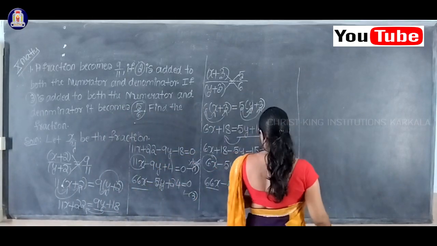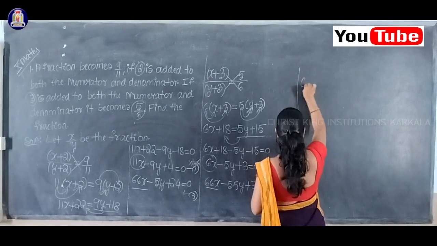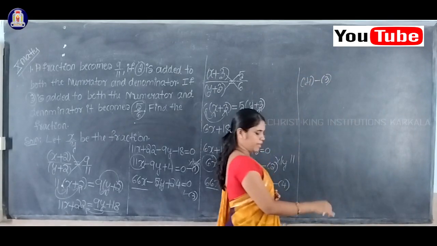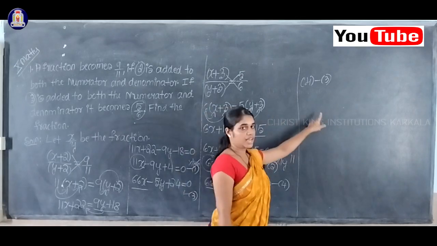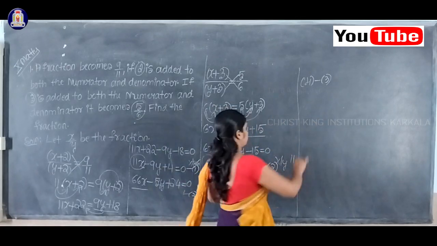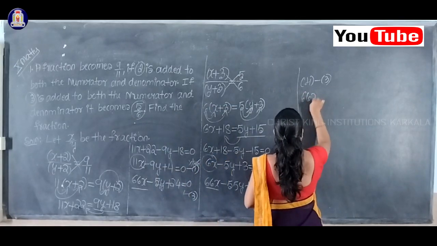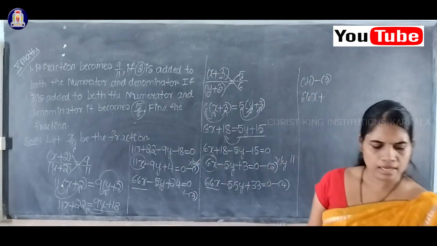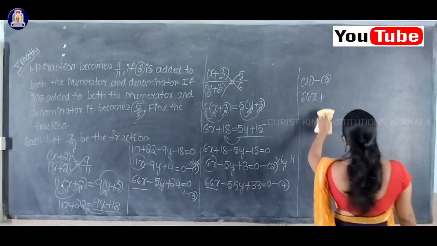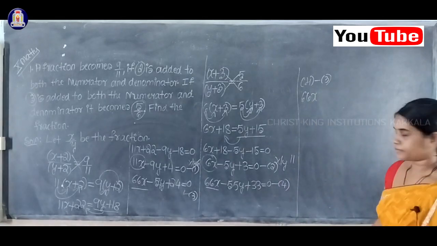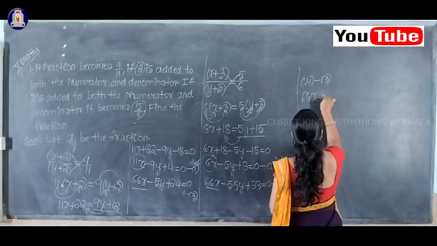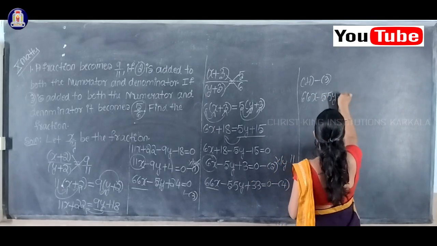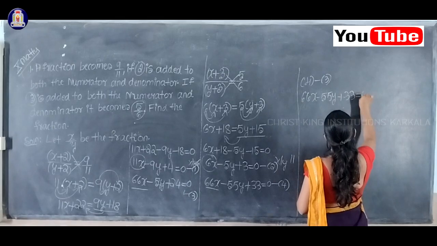So now I'll do equation 4 minus equation 3. First I'll write equation number 4. What is equation number 4? 66x minus 55y plus 33 equal to 0.